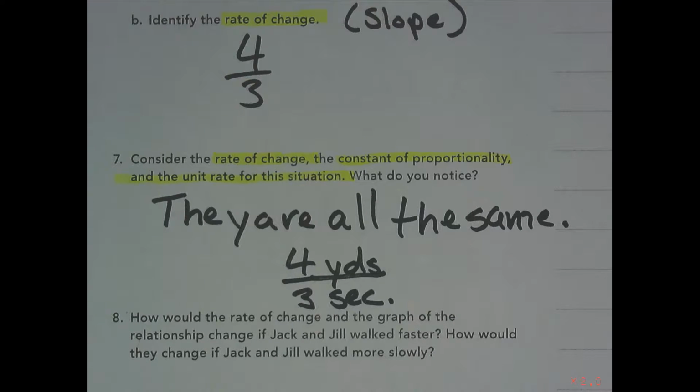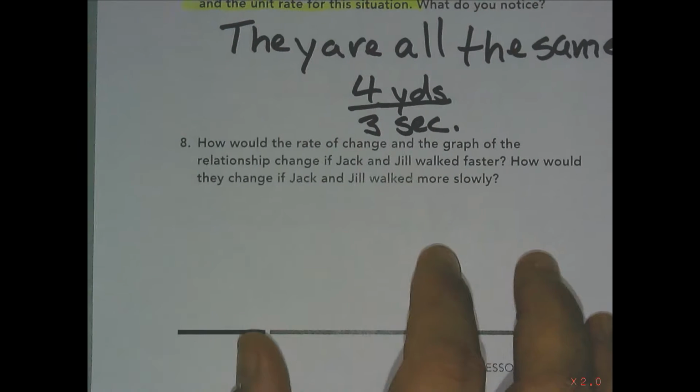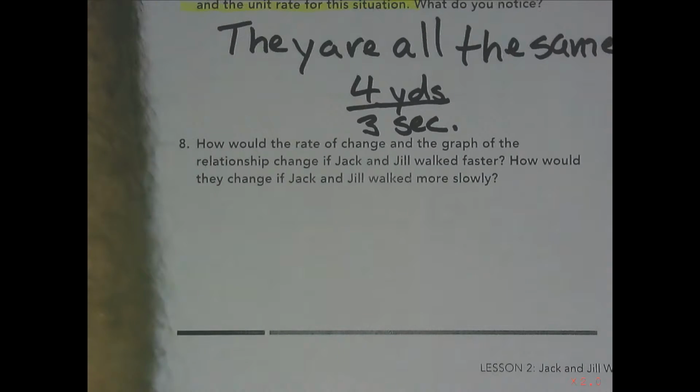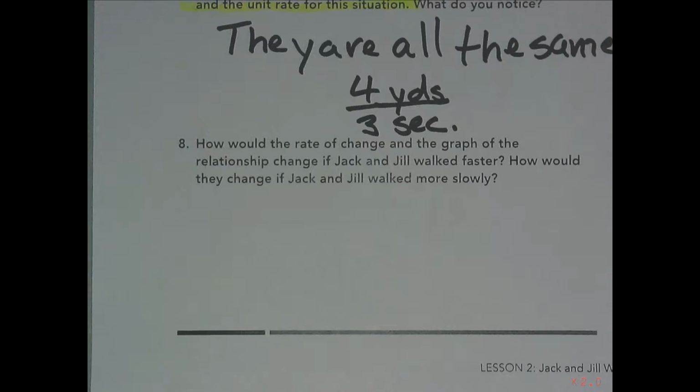Okay? Now question 8 says, how would the rate of change in the graph of the relationship change if Jack and Jill walked faster? How would it change if they moved slower? So let's talk about that. Walking is a measure of distance, right?